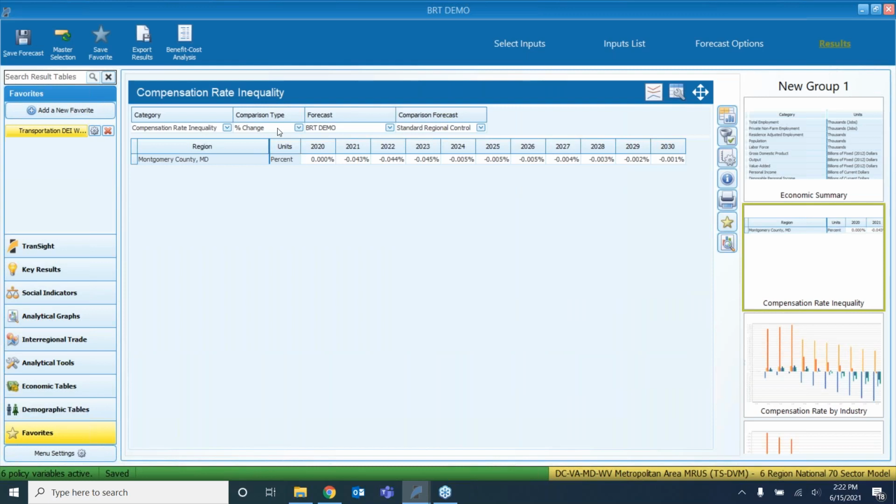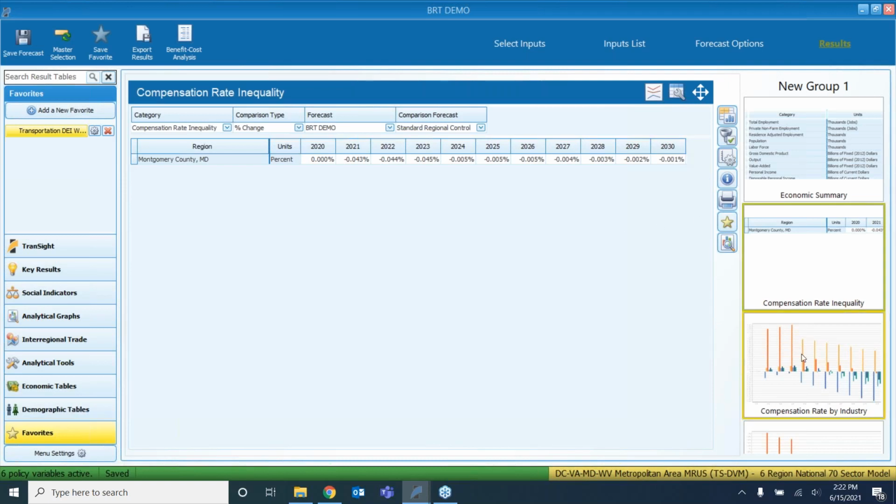Here we see a percent change in how inequality in the region has, in this case, decreased as a result of our transportation project. So in Montgomery County, we see over our time horizon a decrease in inequality. And I know that you really have to enunciate in inequality. So in other words, an increase in equality over our time horizon.